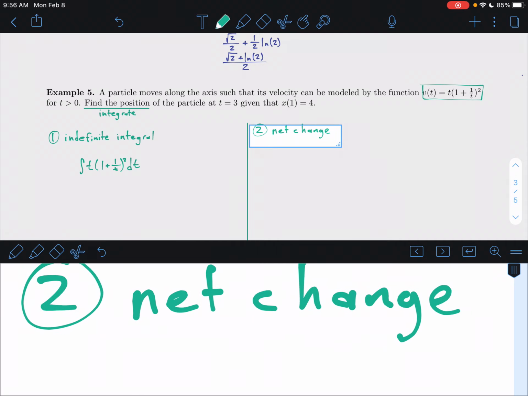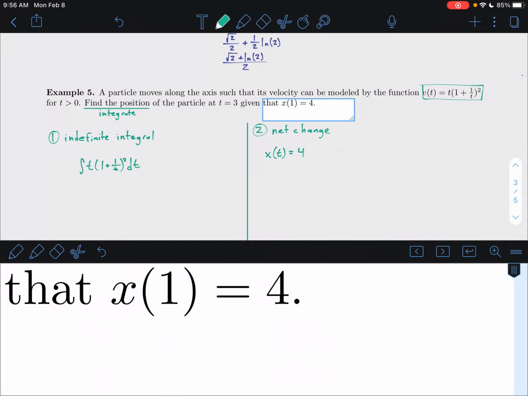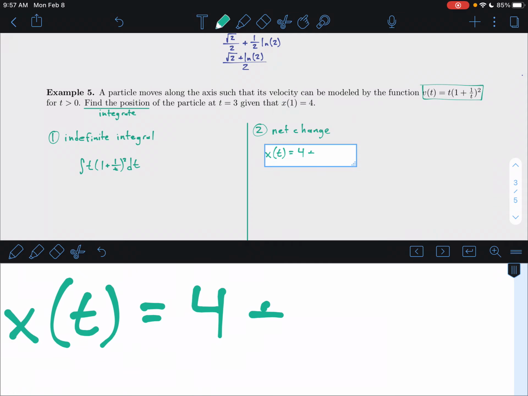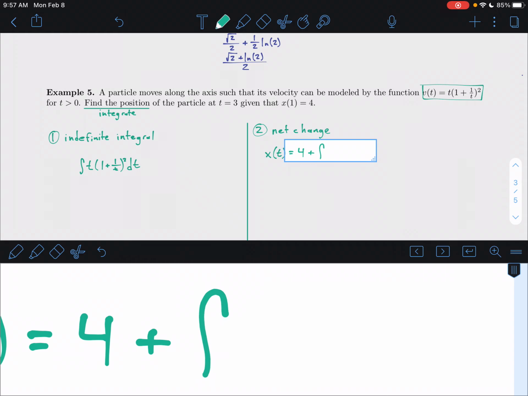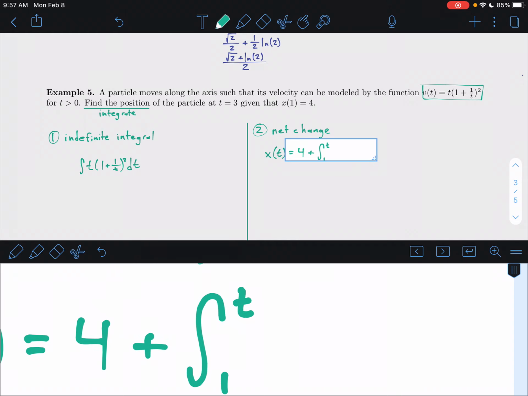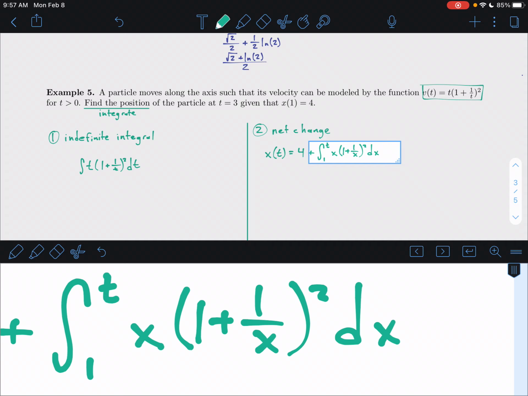So I know that the position of that particle at time t is going to be modeled by, well, at the beginning, at x of 1, it is at 4, and then I want to go from 1 to t. In this case t is going to be 3, so it's the integral from 1 to t of x times 1 plus 1 over x squared dx.